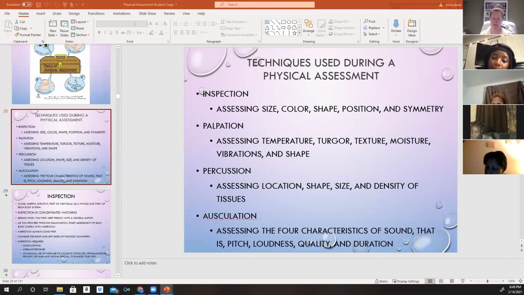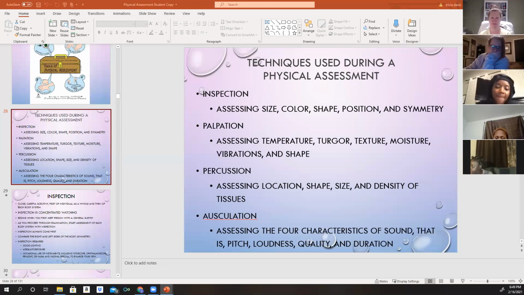Objective or subjective data? Objective. Very good. Edema, swelling, and redness. Objective. Very good. Nausea. Subjective. Good job.